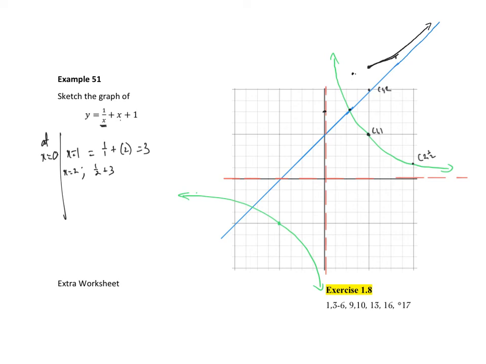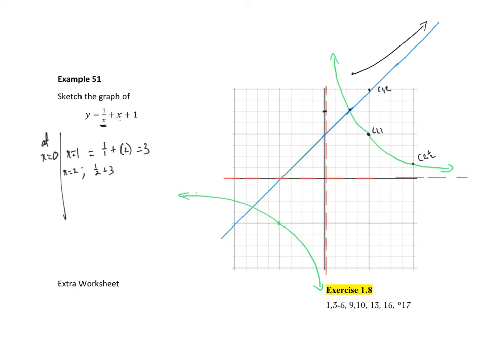So maybe if we tidy up our graph a fraction, we're sort of there, approaching that line.